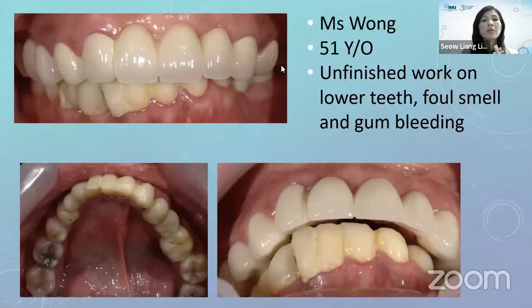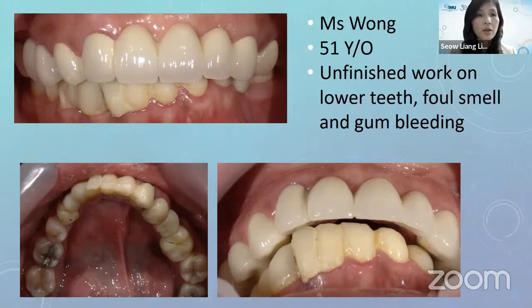You may say that it's glaringly white, but that is what the patient requested. What happened is she went outside because she wanted to improve her smile, and it was planned almost like a full reconstruction case to give her a makeover smile.